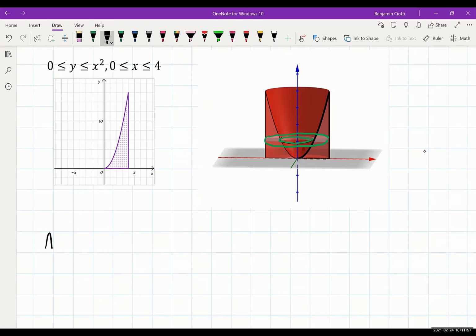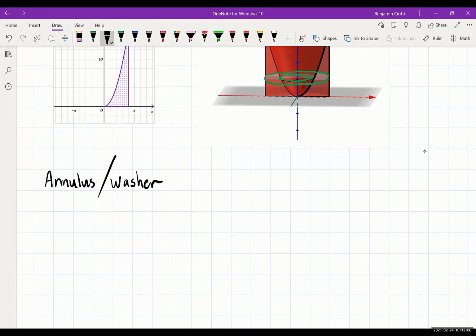So an annulus, or washer, is a larger circle containing a typically concentric smaller circle.